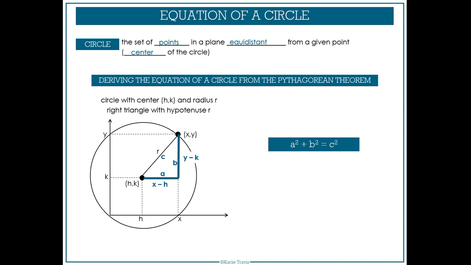C here is our hypotenuse, aka R. So, if I wanted a new version of my equation using this, I'd replace A with how far X is from H, aka how far is the edge from the center part. Then I add that with Y minus K, aka how far are the Y's from the center to the edge of the circle. And then instead of C, we have R squared, the radius.